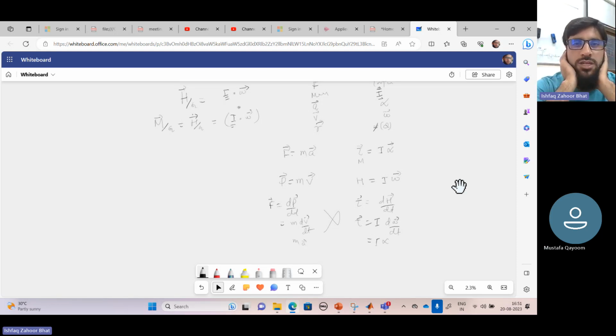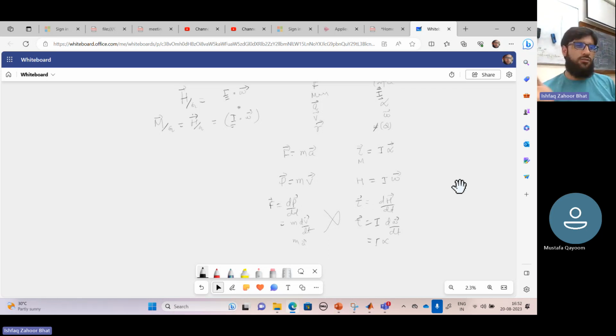So say we have an inertia tensor which is 100, 010, 001 in some frame. I am again emphasizing that this inertia tensor for the same body will have different values in different frames.